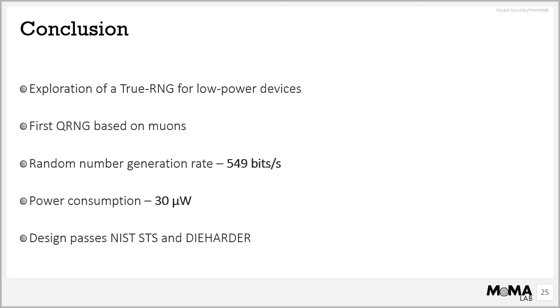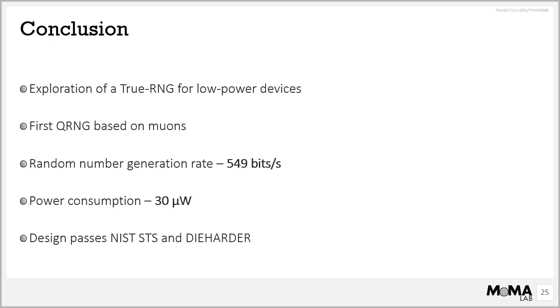To conclude, the target of this work was to explore a true random number generator that could be embedded in a low-power device. And as a solution to that, we have proposed and evaluated the first quantum random number generator based on muons. The proposed implementation makes use of a muon tracking system as a passive entropy source, with the potential to be reduced down to chip scale.